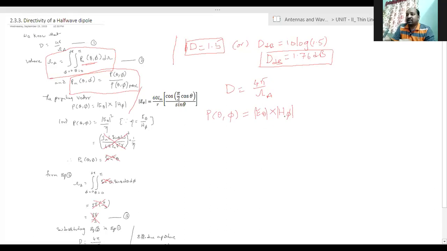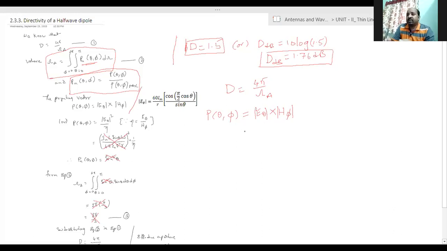So theta and phi. Why? Because we are determining directivity in the far field region, and as we know, in the far field region only the theta and phi components will be present. So the theta component of the electric field and the phi component of the magnetic field are substituted here.